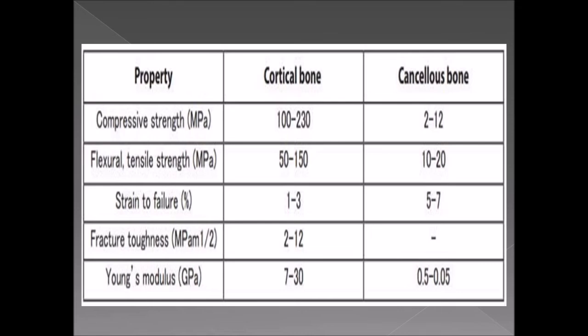So if we talk about the compressive strength of cortical bone, it is as strong as cast iron. But if we check the stiffness and ability to resist external loads of cortical bone, it behaves like wood. So this is all about the different properties we can clinically correlate somehow.